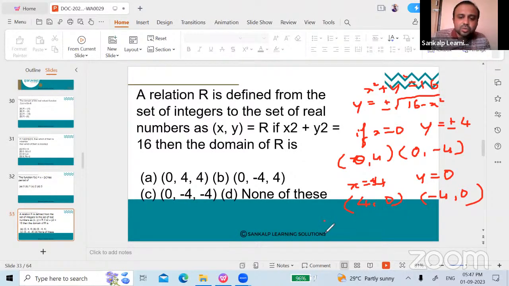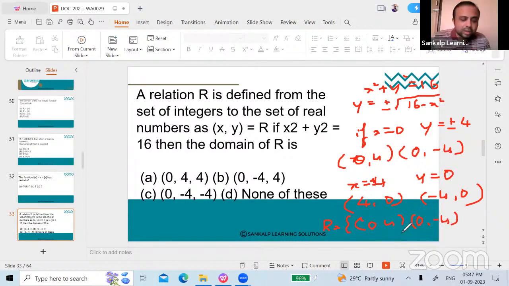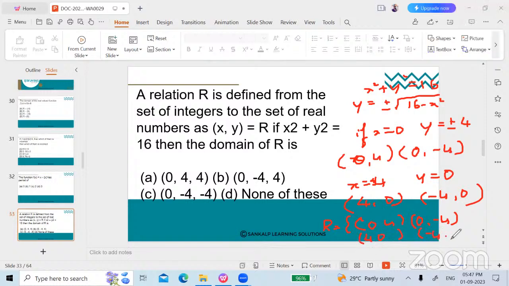Is that clear? So what relation gets established here? It has 4 pairs: 0, 4; 0, minus 4; 4, 0; and minus 4, 0. Correct? Yes, sir. So what is the domain now?